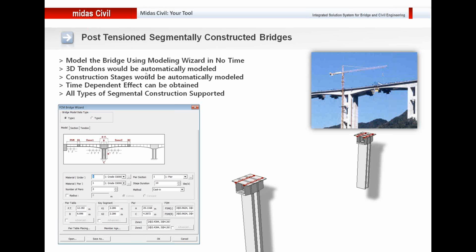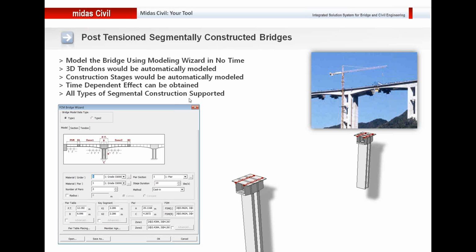And once you select the wizard, Midas Civil will automatically generate the model for you. Not only the model, but Midas Civil can also model the 3D tendons for you. Construction stages will be automatically modeled as I have just shown you, and you can take into account the time dependent effect. And basically all type of segmental construction is supported in Midas Civil.